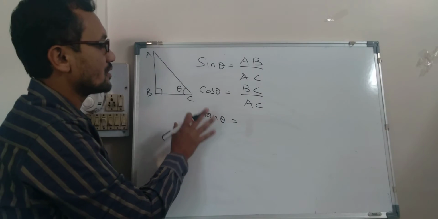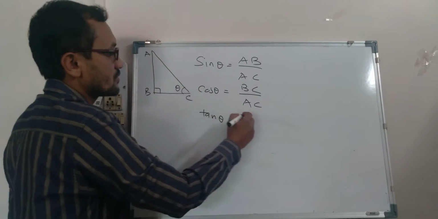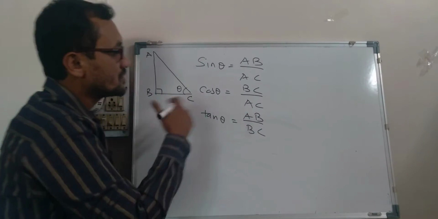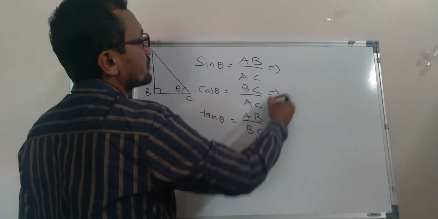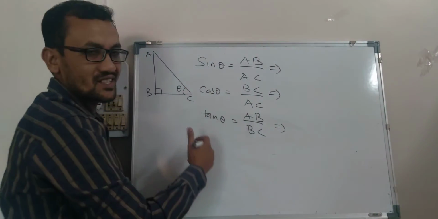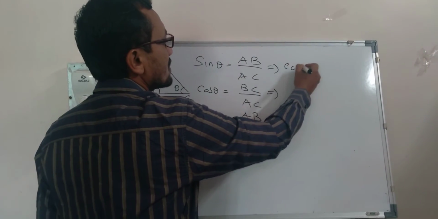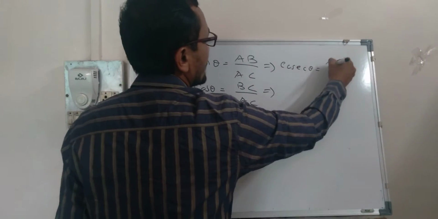And the third trigonometry ratio is tan theta. Tan theta does not depend on hypotenuse, obviously. So this is height upon base, AB upon BC. Using these we have another 3 trigonometry ratios. The reciprocal of sin theta is cosec theta, which is AC upon AB.